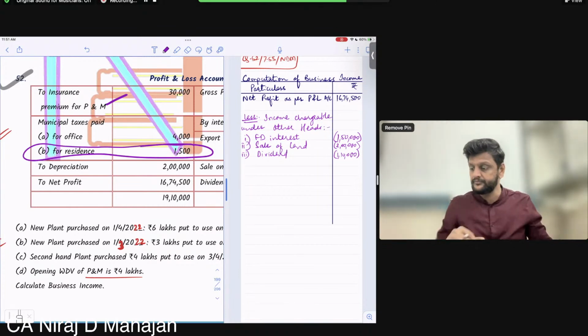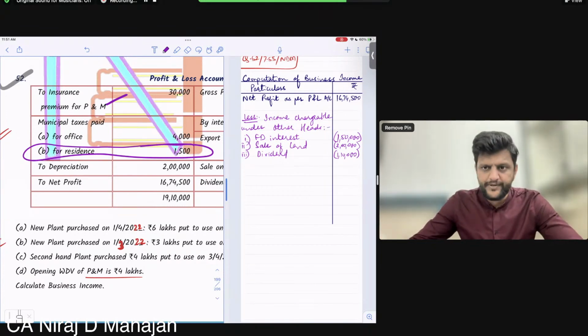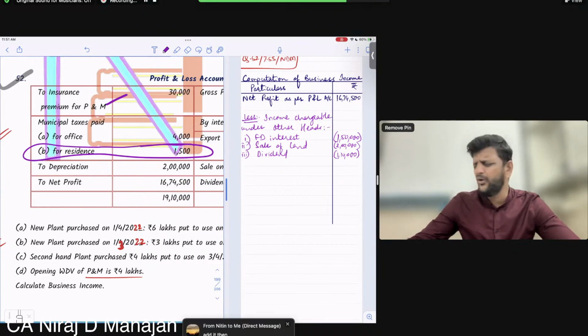Clear till here? Understood? So that expenditure will not be allowed. Not allowed also means disallowed, also called disallowances. One and the same thing. Not allowed, disallowed, disallowances.